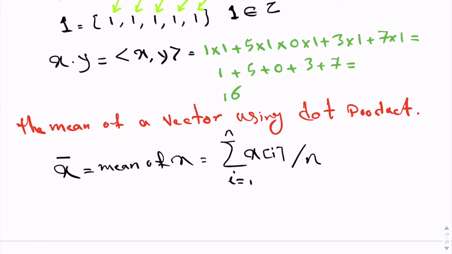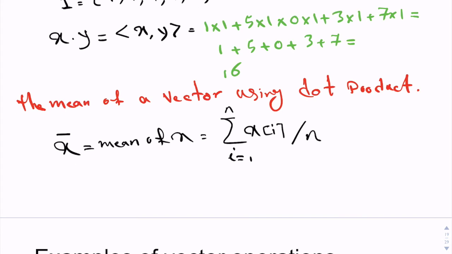But we don't want to do this using a loop. We want to use the dot product. So basically, we already showed the dot product of x and the ones vector is the sum of all elements, and then we divide this by n. That's equal to the mean.